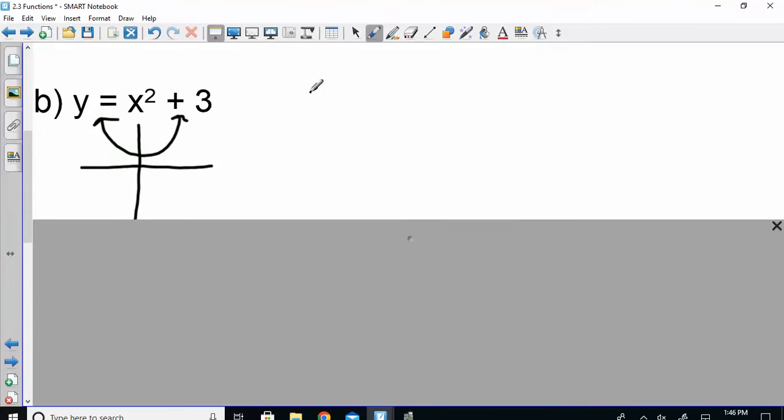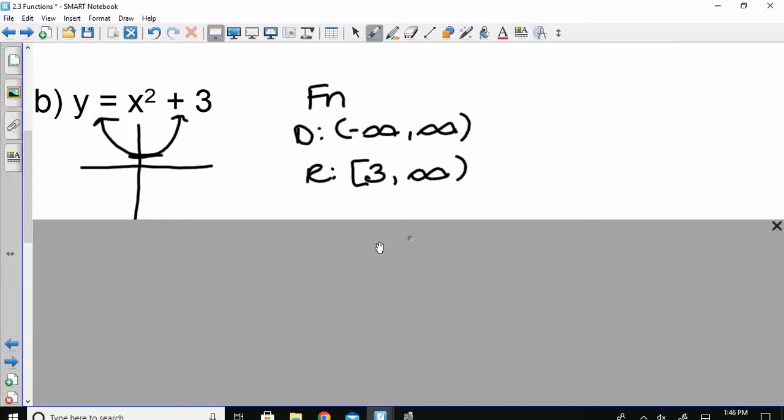So is that a function? Yes. What would your domain be? It's going to keep going in both directions, left to right, so negative infinity to positive infinity. The range, where does this graph start? At 3. You can tell if you put in a 0, 0 squared plus 3 is 3, so my range is 3, and then it keeps going up forever, so 3 to infinity.